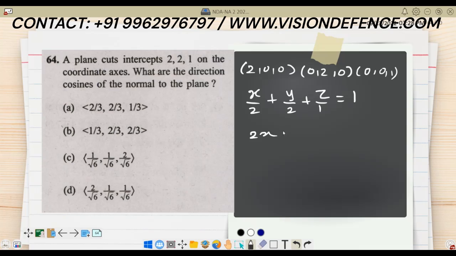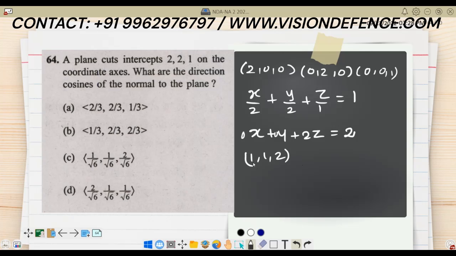Taking the LCM, which is 2, we get x plus y plus 2z equal to 2. So the direction ratios of the normal are 1 comma 1 comma 2.